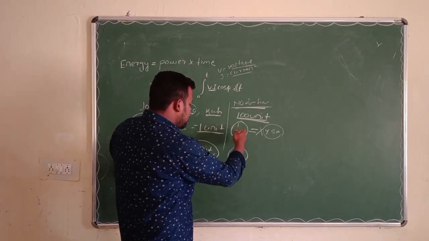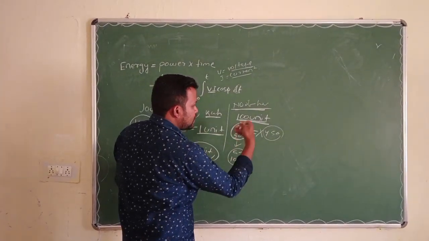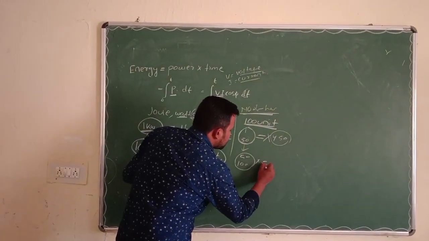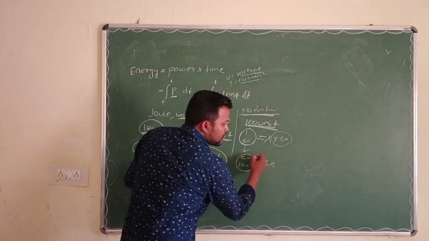But if the number of units increases, the rate also increases. It may be 5 point something or 6 point something.